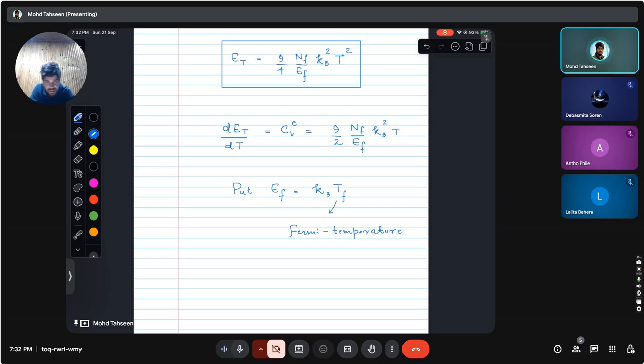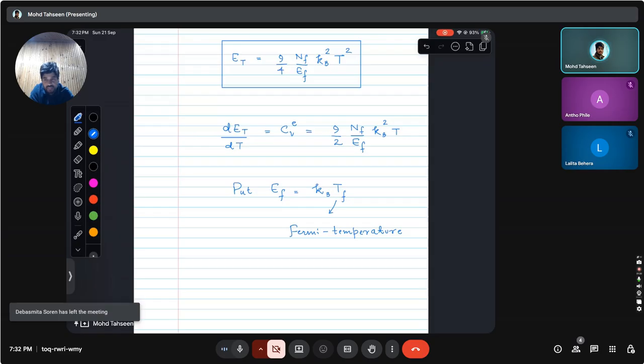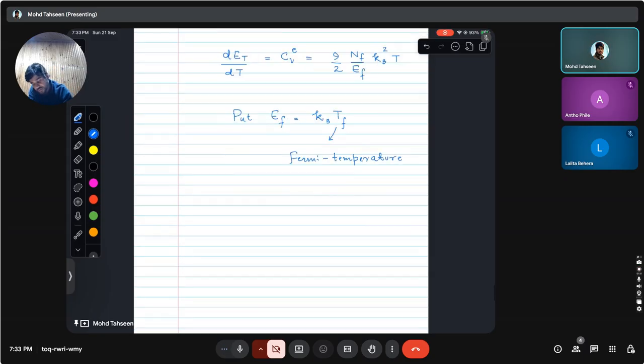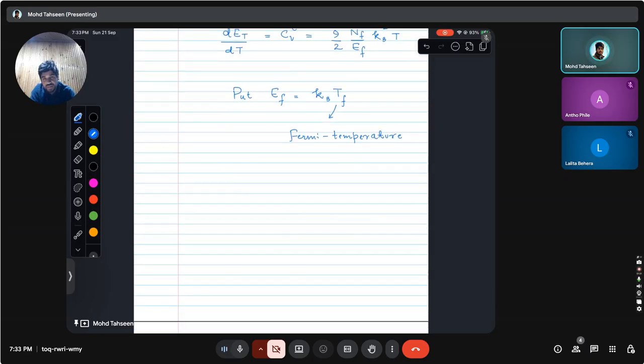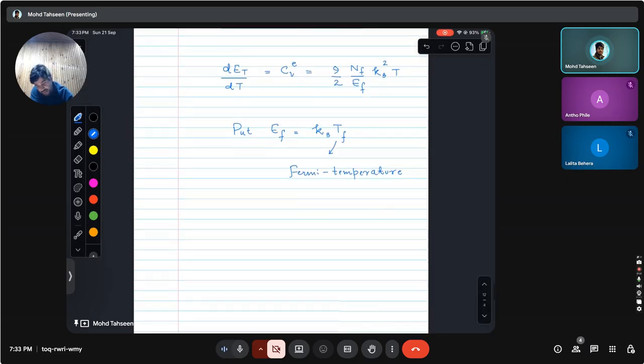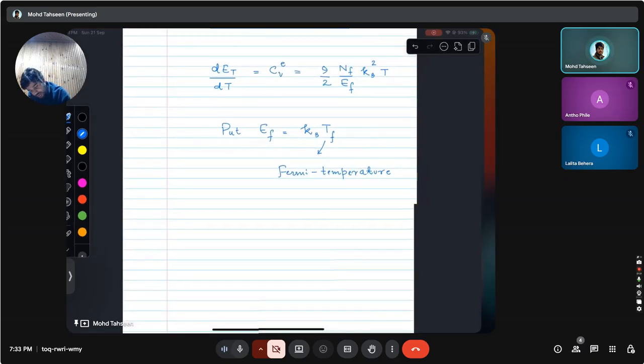So this does not have any physical significance as such. Actually it does, but that's not important here. We are just rewriting this energy in terms of another equivalent expression, and we define a term which is called T_F, the Fermi temperature. So in a way it's the statistical temperature corresponding to the Fermi energy.